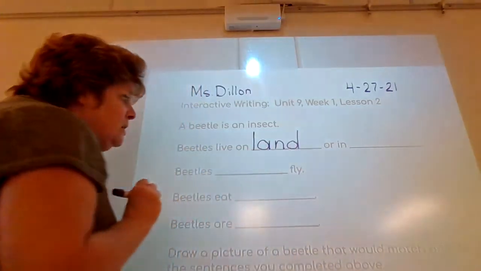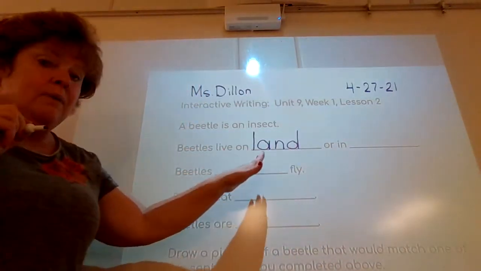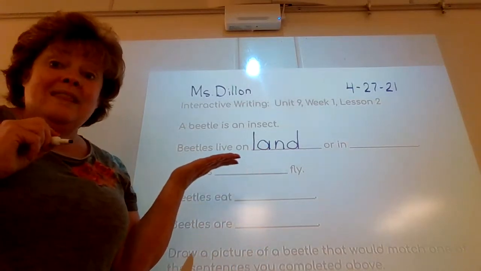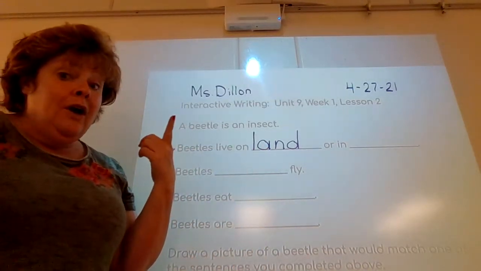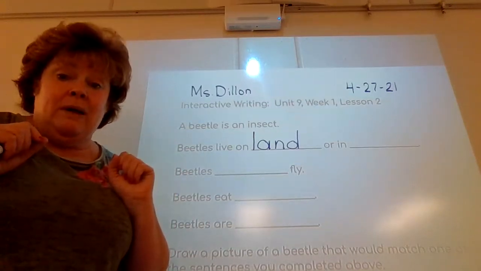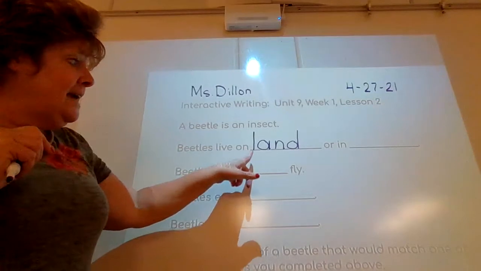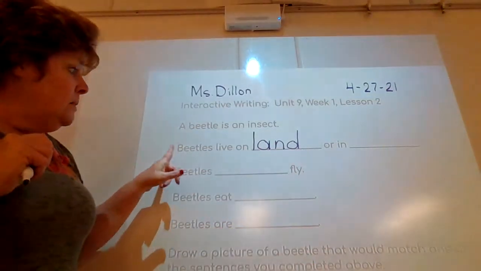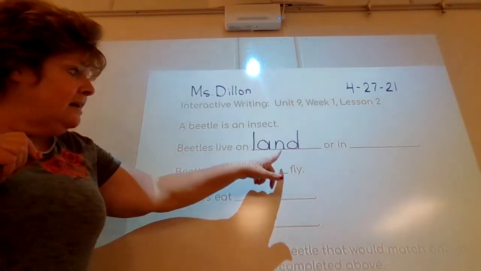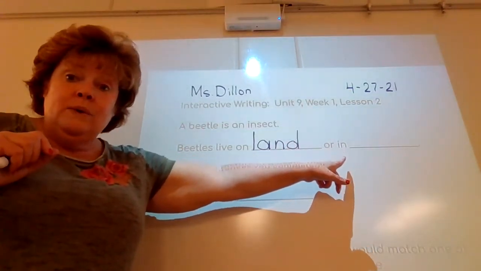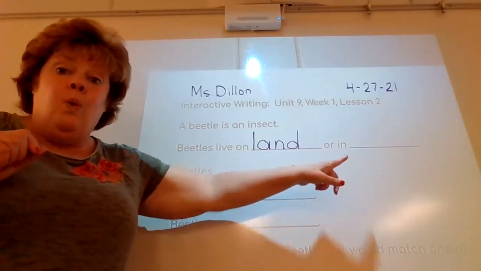Today you're just going to be copying the words that I write, but I'm going to be stretching them so that you can hear how you're supposed to stretch words when you don't know how to spell them. So the first word is land. It has the word and in it. Beetles live on land or in, what was the other one? Water.